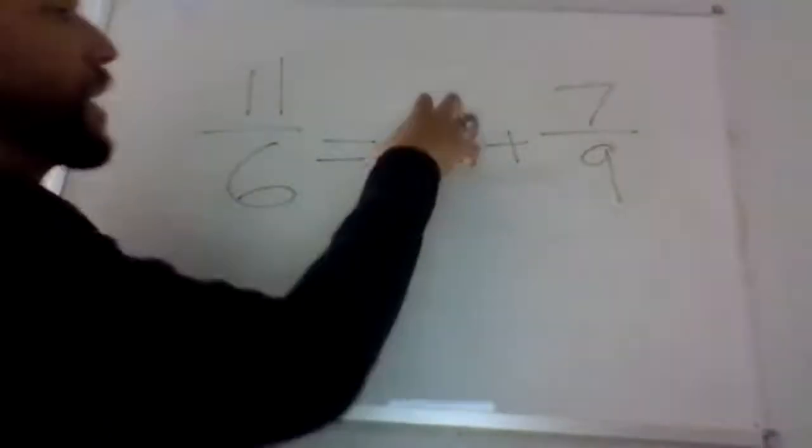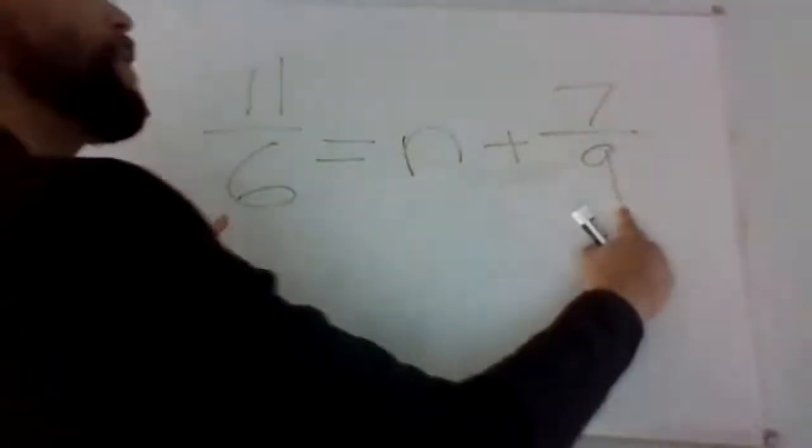You have to move the 16 over. Yes, we have to get this variable by itself. So what should I do to get this variable by itself? Move the 7 over by the 11 over 6.